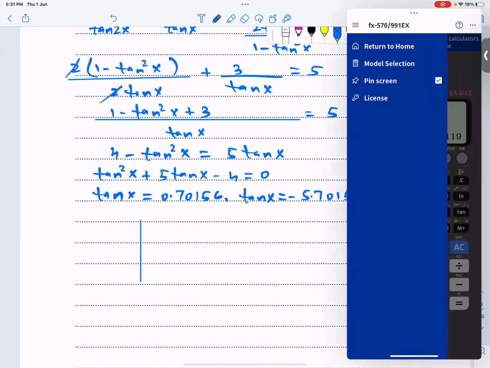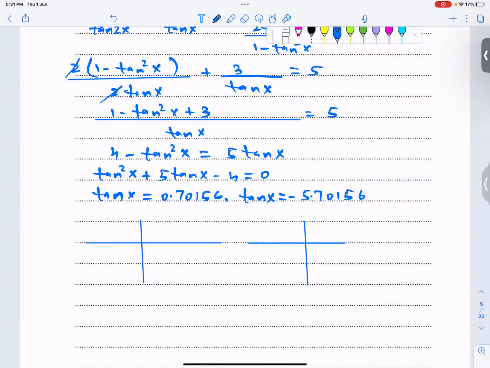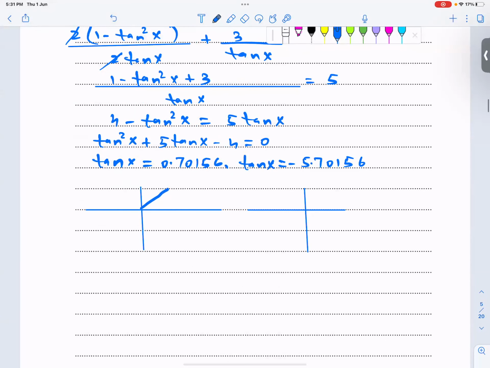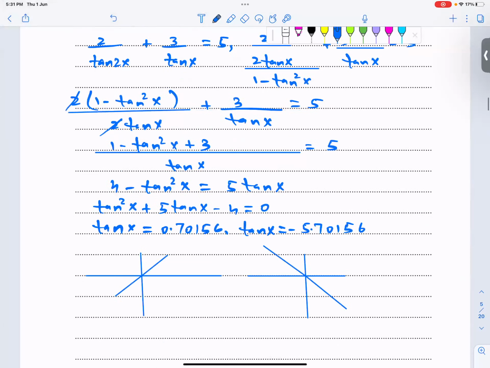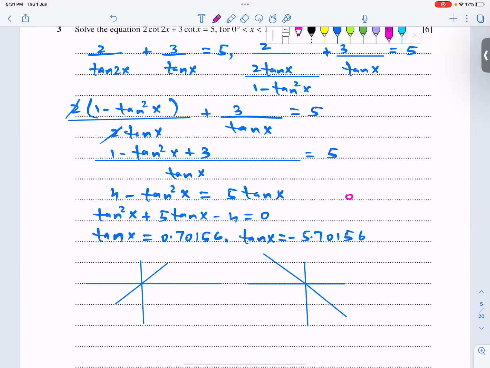Now draw two diagrams. Whenever you are solving trigonometric equations, try to express this in a diagram. So tan x is positive in the first and third quadrant, and tan is negative in the second and fourth quadrant. And also keep in mind that the values for theta are 0 to 180 degrees.